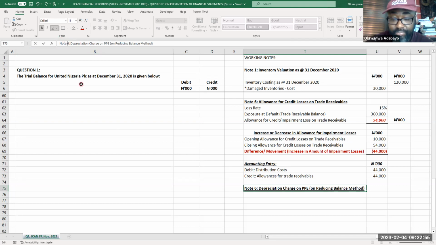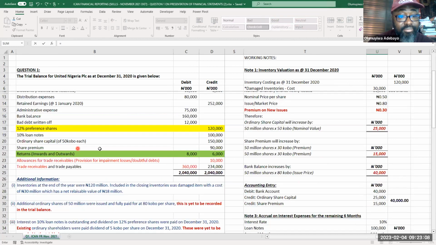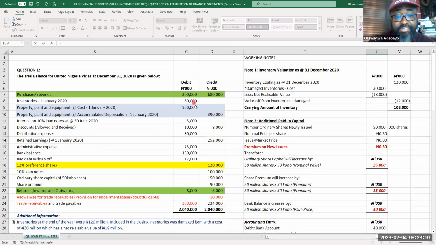Now, first, what is the cost of the PPE? Cost of the assets is 950.